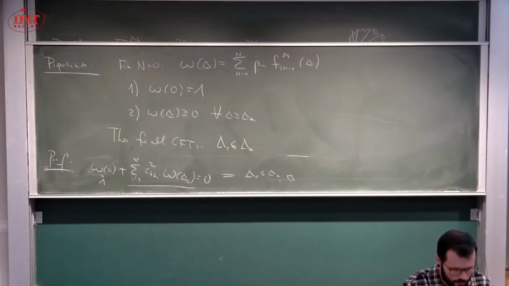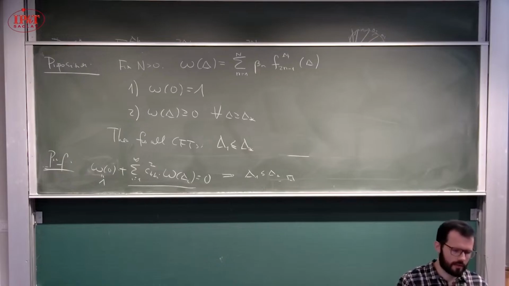So this should be the conformal block G of delta phi and delta. Sorry, there's this prefactor that I forgot about. And you want to take a derivative of this with respect to z of order n.